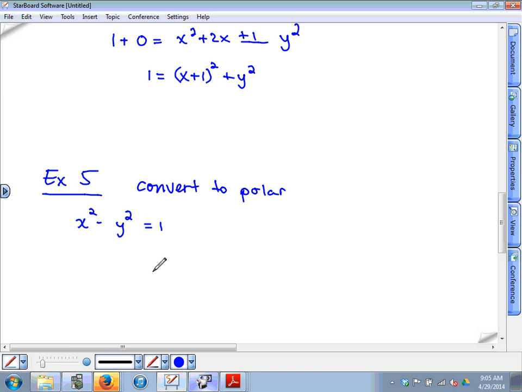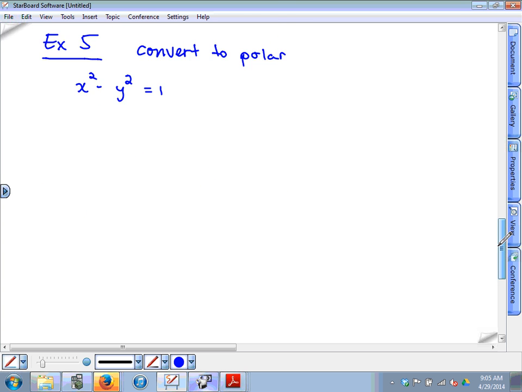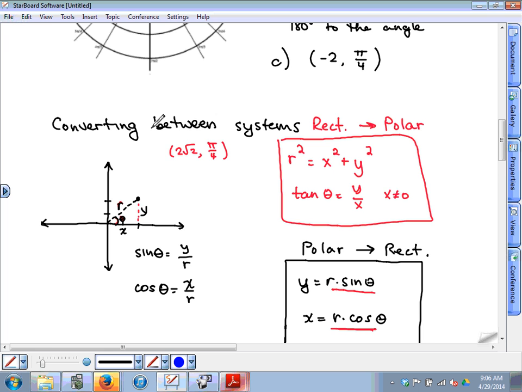You can change some of the equations we use to replace what we have in the equation. Like the equation that says r squared equals x squared plus y squared, you can change that to x squared equals r squared minus y squared. True, you could.